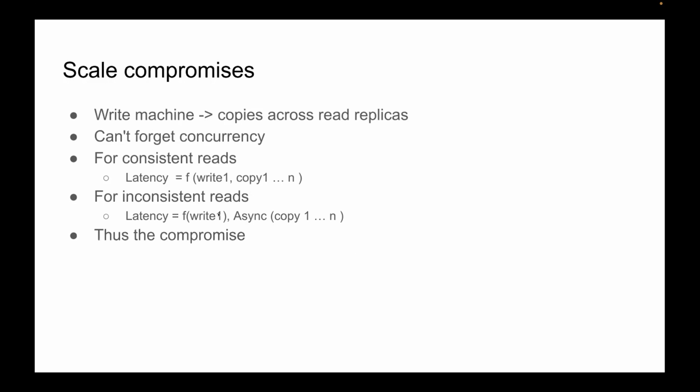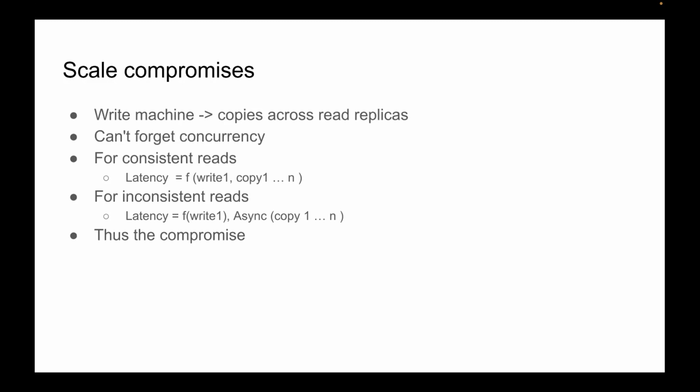Hence you make this compromise, and this is what you commonly come to understand as strong consistency versus weak consistency in databases. Many databases, including Cassandra, allow you to tune this consistency level.